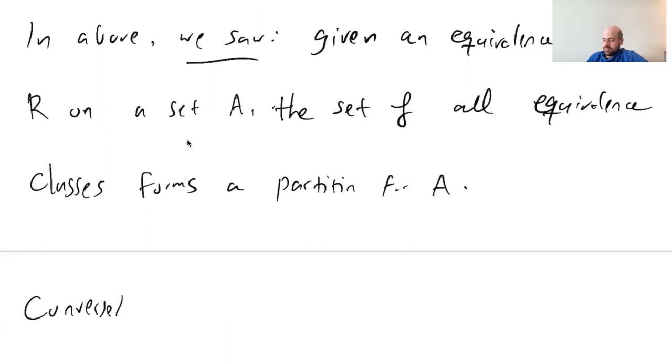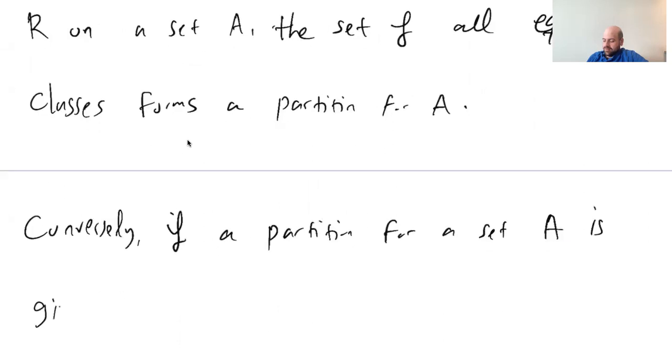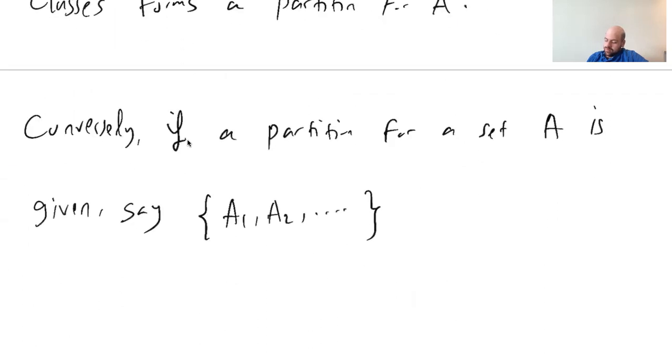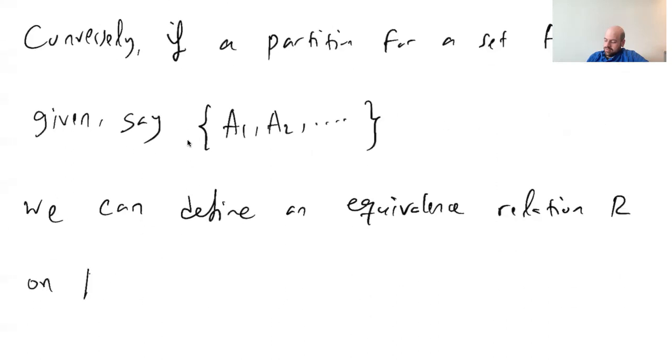Now conversely, if a partition for a set A is given, say for example A1, A2, and so on, then given this, we can define an equivalence relation R on A as follows.